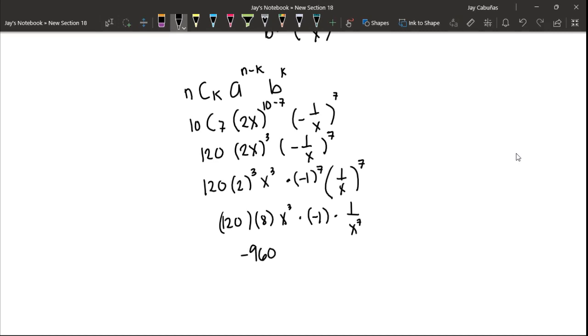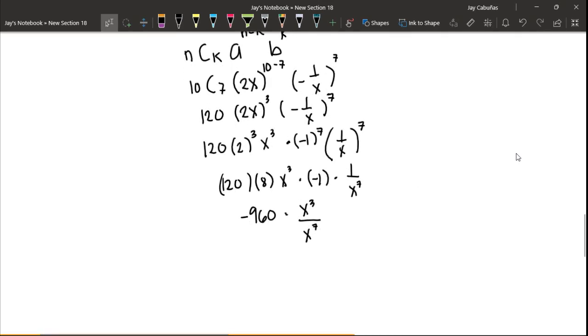So we have negative 960 times x cubed over x to the 7th. And this would give us negative 960 times x raised to 3 minus 7. This equals negative 960 x raised to negative 4.